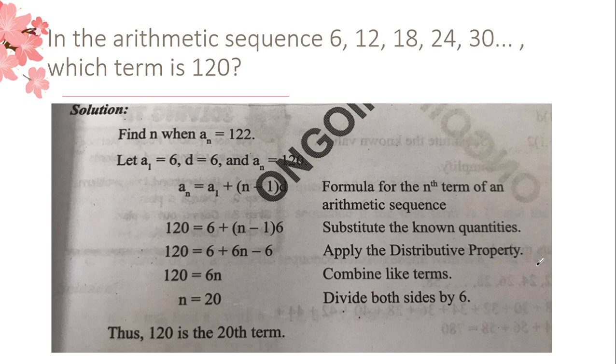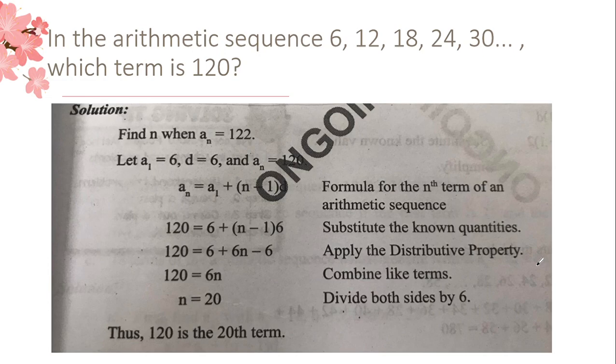In the arithmetic sequence 6, 12, 18, 24, 30, which term is 120? Earlier, we were looking for the 15th term. But for the second problem, we are looking for which term 120 is. This is still an arithmetic sequence, which means we will use the formula for the arithmetic sequence.